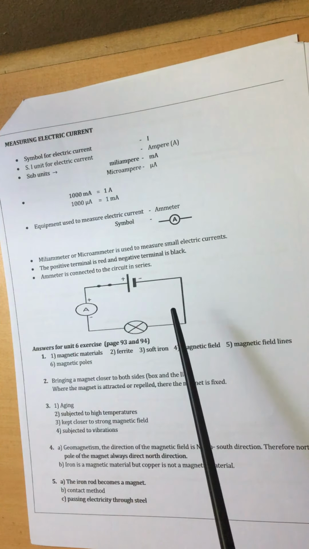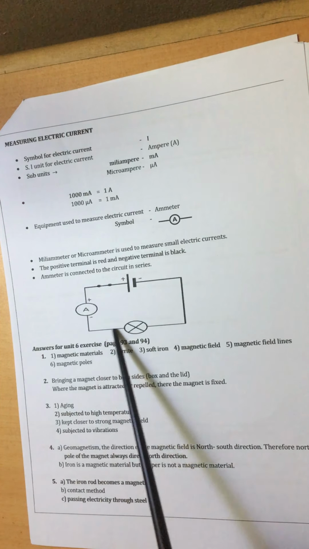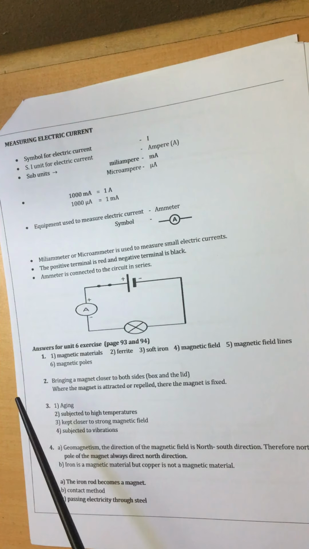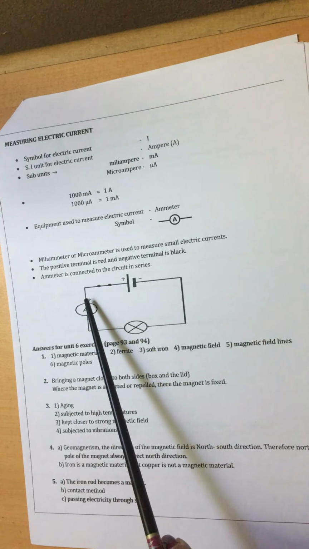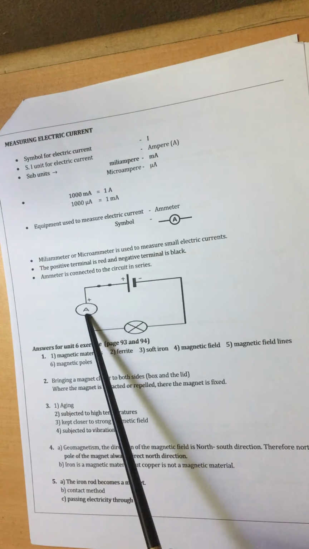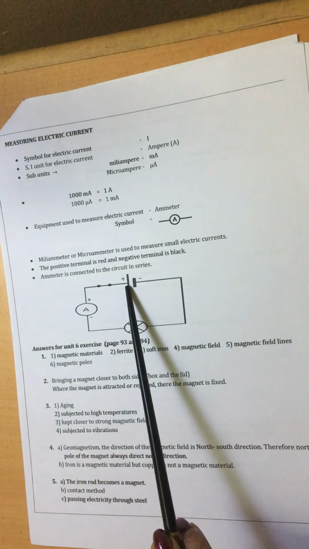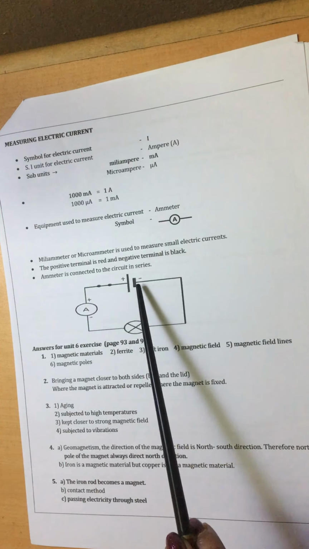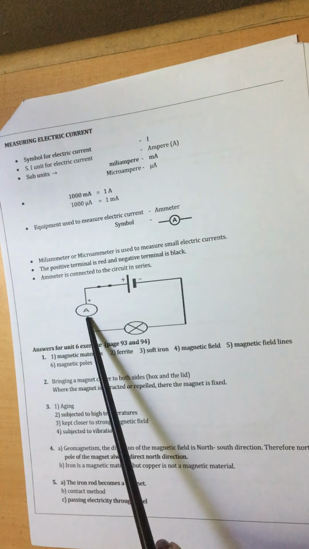The other thing, the ammeter you always have to connect in series. Series means you connect the ammeter in the same wire. That is the series connection. You connect it in the same circuit wire, so you can cut the wire and connect the ammeter there. Here see, the positive terminal of the cell is connected to the positive terminal of the ammeter, and the negative terminal of the cell to the negative terminal.